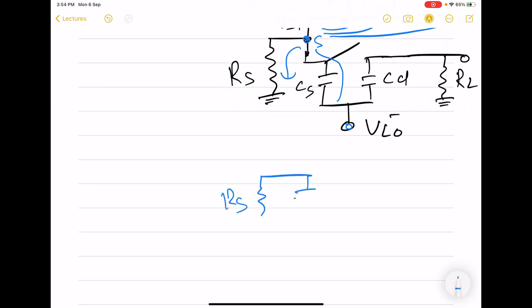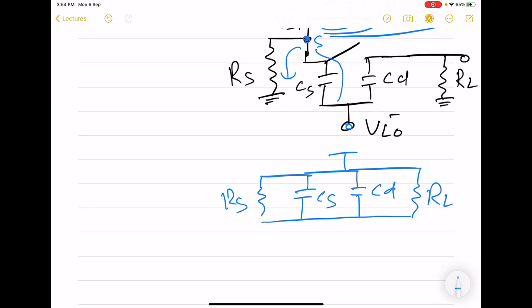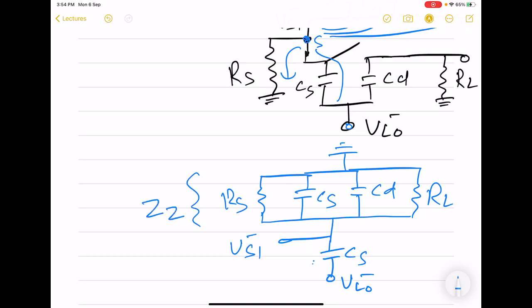So in this case now the circuit becomes RS, CS, CD, RL. And on this side, we have only one element. So this is going to be Z3.